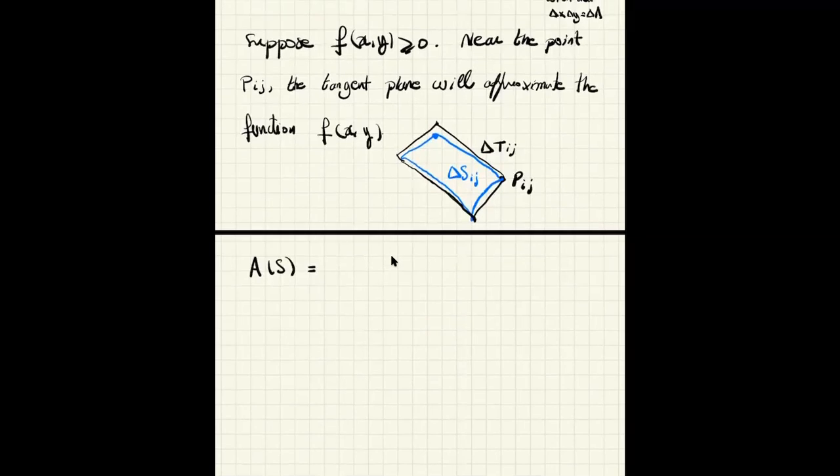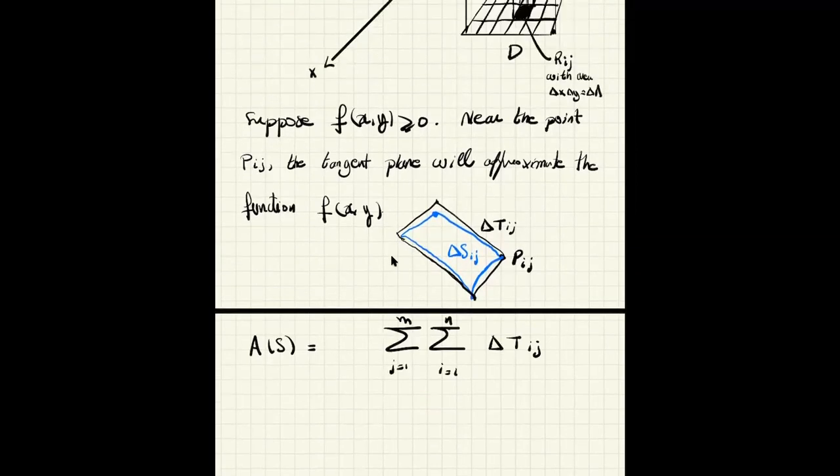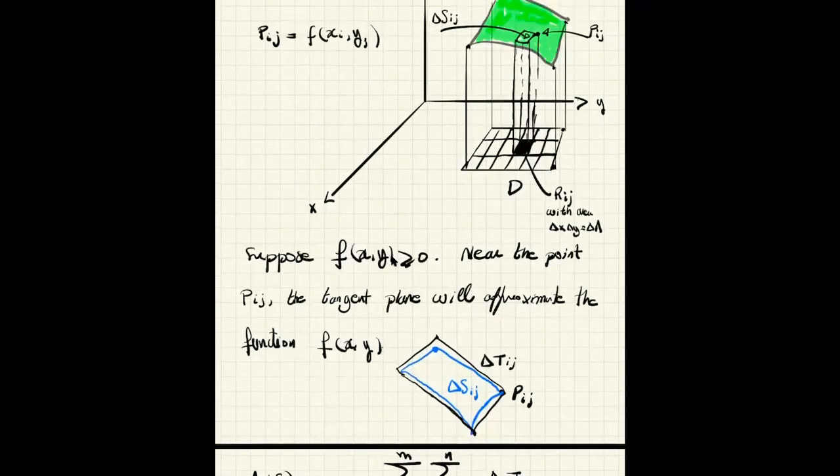So it is the sum of all of these delta Ti's, which are, as I said, just these areas here, right? Then you have to take the sum, because you are doing this only for one. So you have to take the sum, right? And you have to do it for every rectangle here, right?